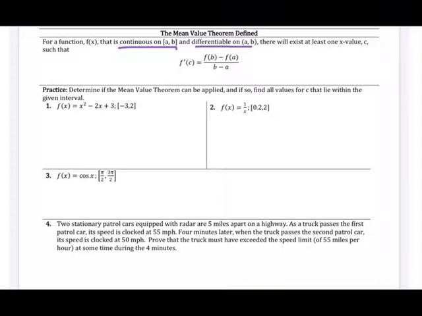So for a function that is continuous on the closed interval from a to b and differentiable on the open interval from a to b, there will exist at least one c value such that the derivative, also known as the instantaneous rate of change, is actually equal to the slope of that secant line, or the average rate of change.